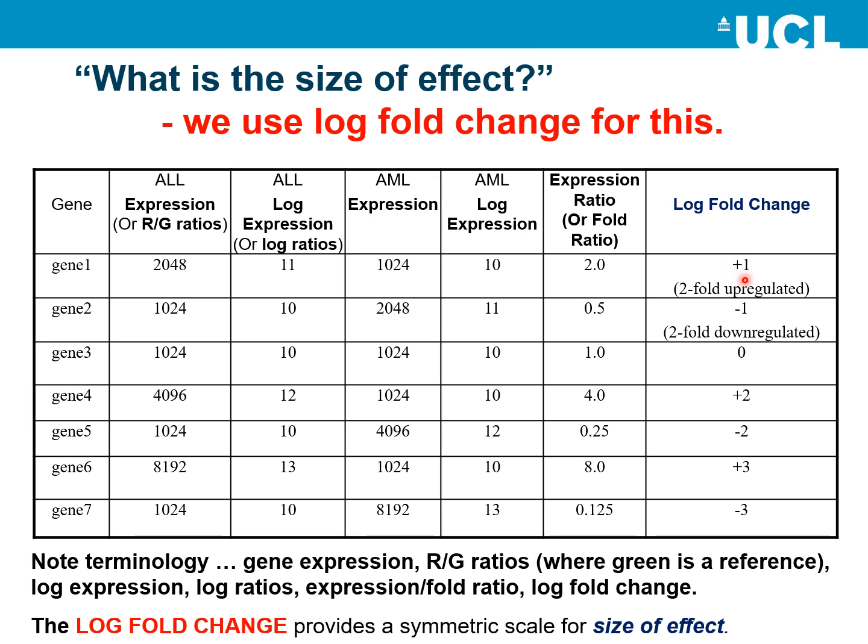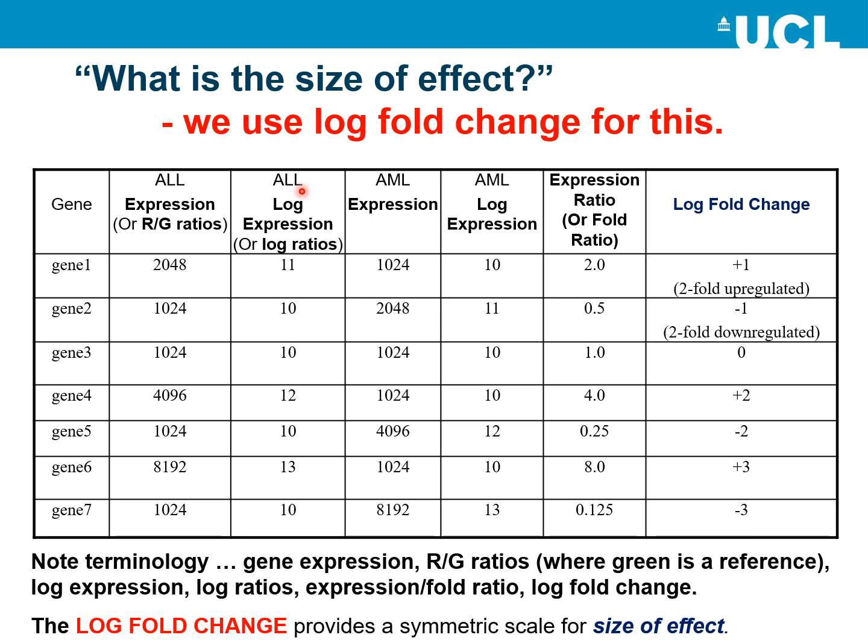So this is the log fold change of plus 1. This essentially means that there's a twofold upregulation going from AML, which has an expression level of 1024, to ALL with an expression value of 2048.